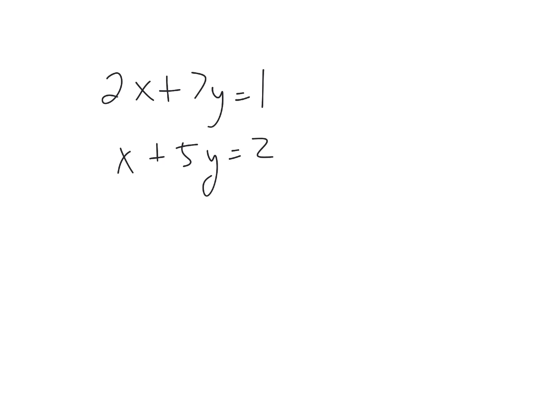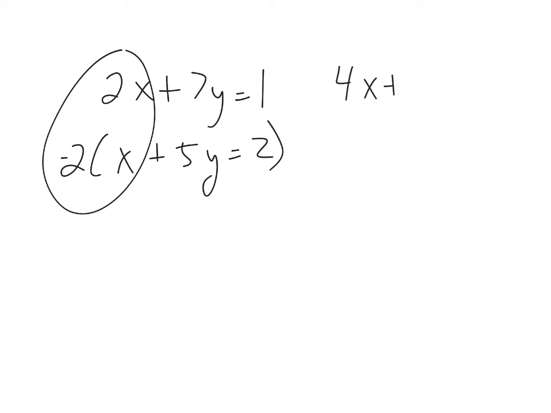We'll go with 2x plus 7y equals 1, and x plus 5y equals 2. I don't like this one either, because this one we could get away with multiplying this bottom by -2, right? That would take care of it, because that would create an opposite right here, okay? So let's choose a different one. I chose a bad problem there. Let's do this one here.